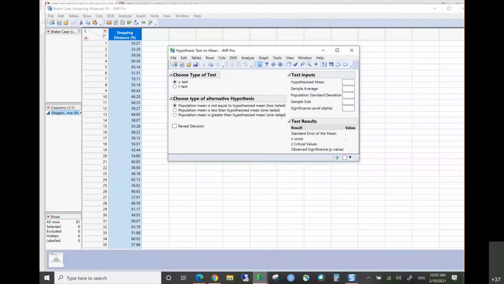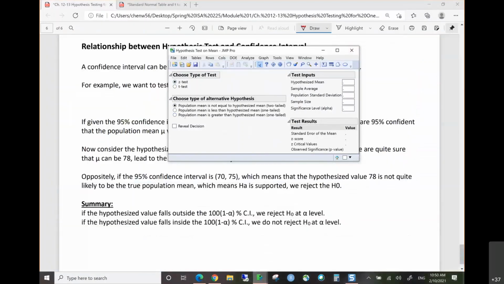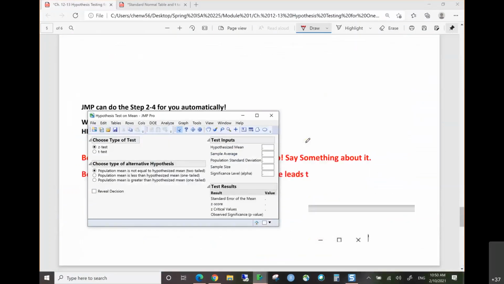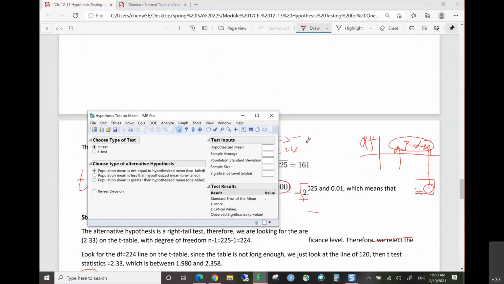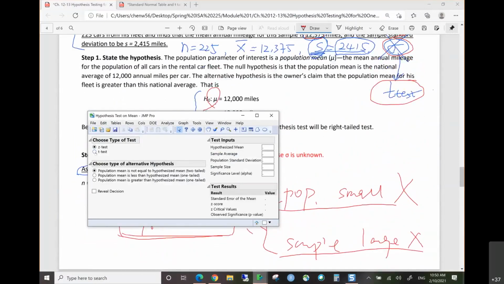Okay, so let's try this. Oh, I forgot to talk about this, right? So we have the t-test, the hypothesized mean 12000, and then next the sample average 12375, and sample standard deviation 2415, and sample size 225, significance level 0.05.